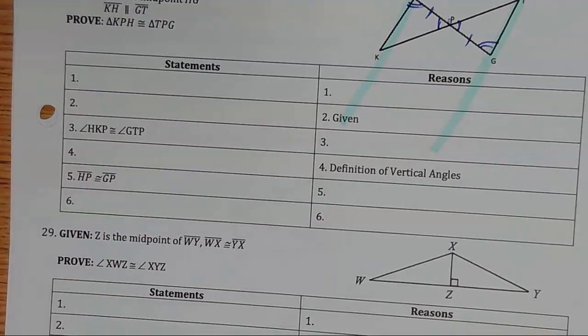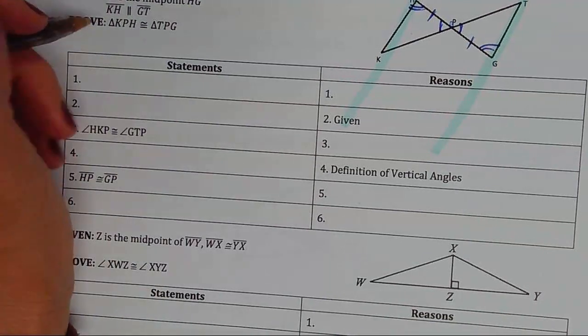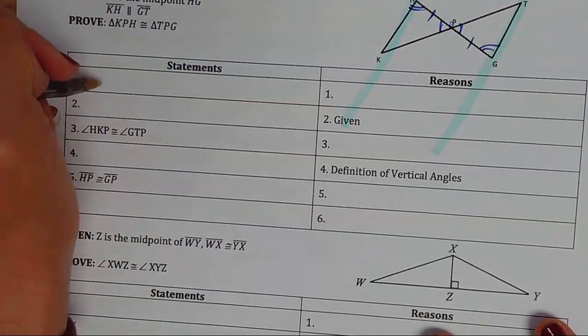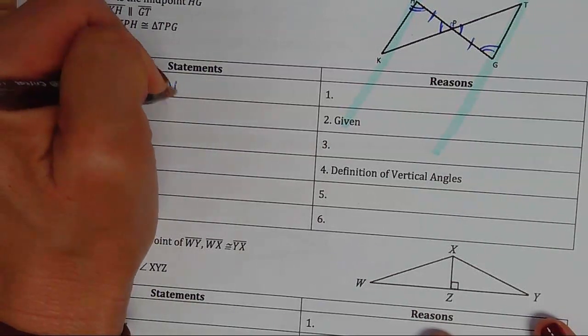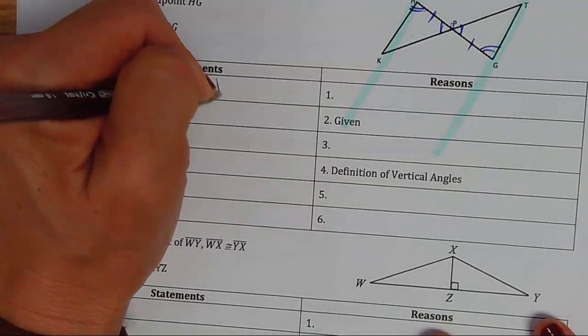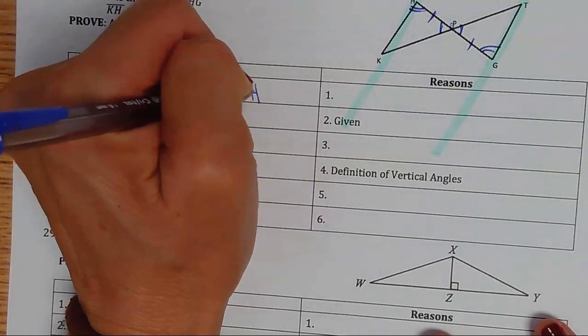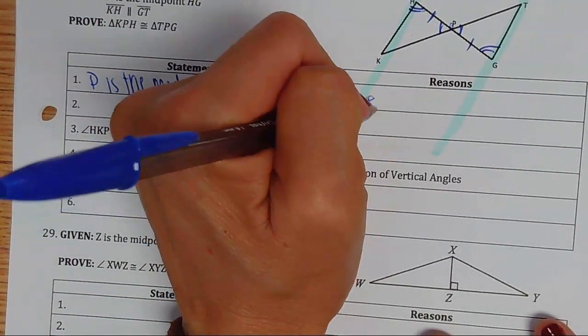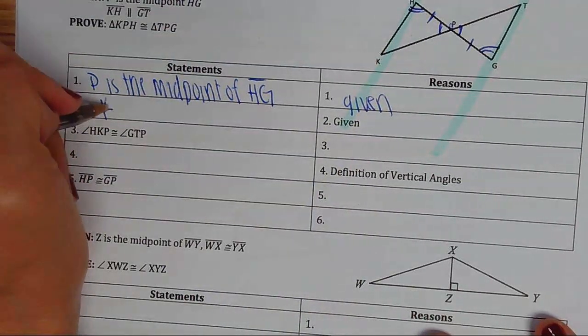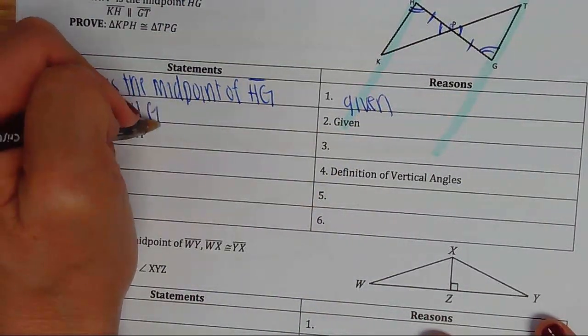So I'm going to take some of my information. First thing I'm going to do is P is the midpoint of HG, and that's given. My other given is KH is parallel to GT.